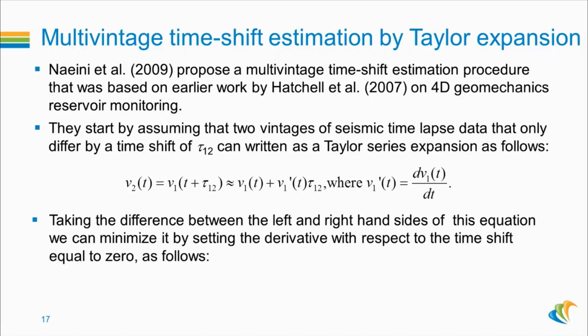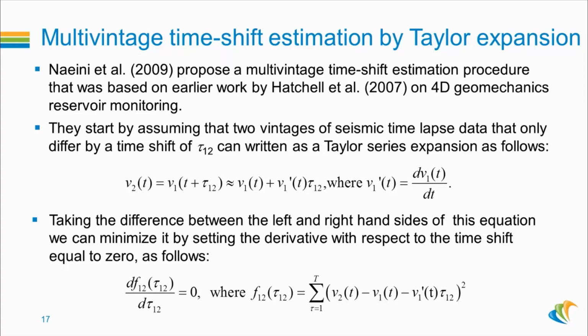So if we take the difference between the left and right hand sides of this equation, we can minimize it by setting the derivative with respect to the time shift equal to 0. So we differentiate f of 1,2 of tau 1,2 with respect to tau 1,2. And that simply involves, if you look at it, differentiating this squared relation, the sum of the squares of the difference.